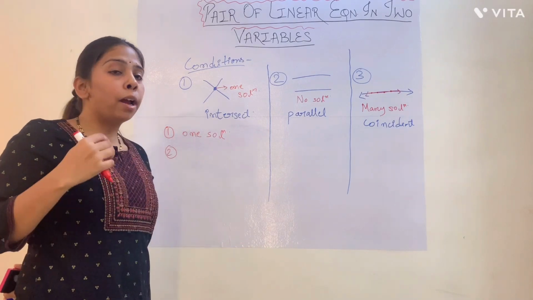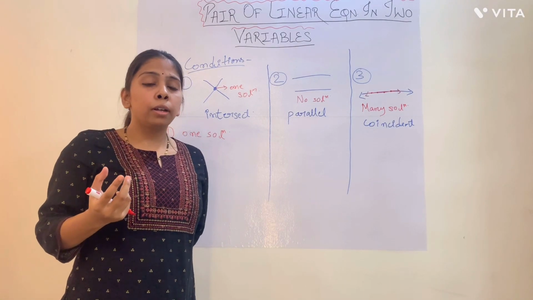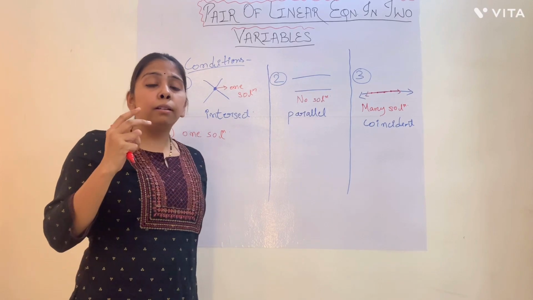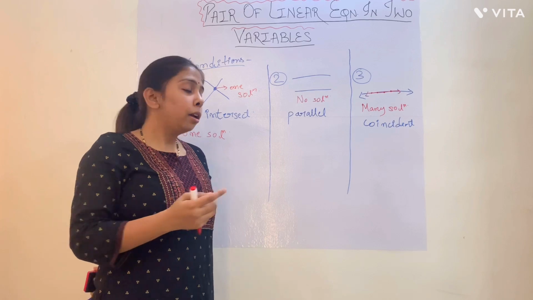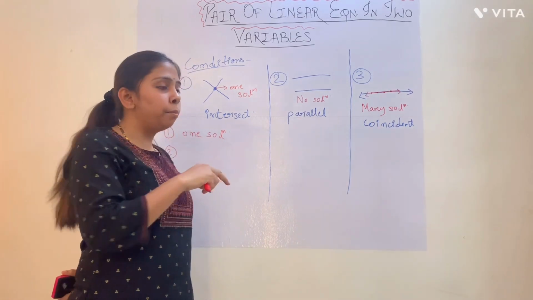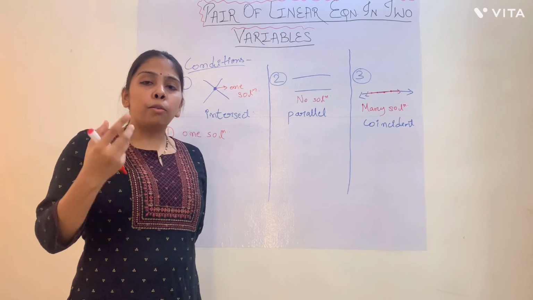If we have to find the solutions of a pair of linear equations, not by the graphical method but by the elimination method or the substitution method, we get the solution with the help of ratios of constants.